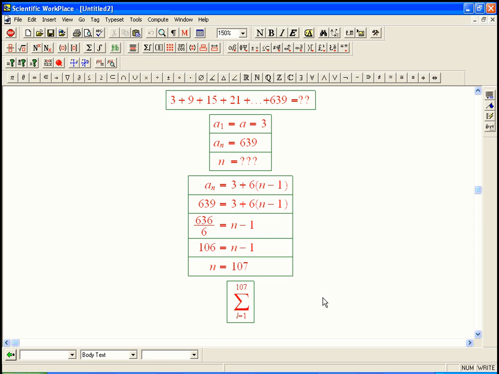L equals 1 to 107 of this formula, 3 plus 6 times n minus 1. Now, again, we don't have to write it that way. The main thing is that we've got n. Okay? So this n, we need parentheses to make sure that we know that that whole thing is the thing that's being summed up. Because otherwise it would look like the sum of 3 and then just n minus 1.